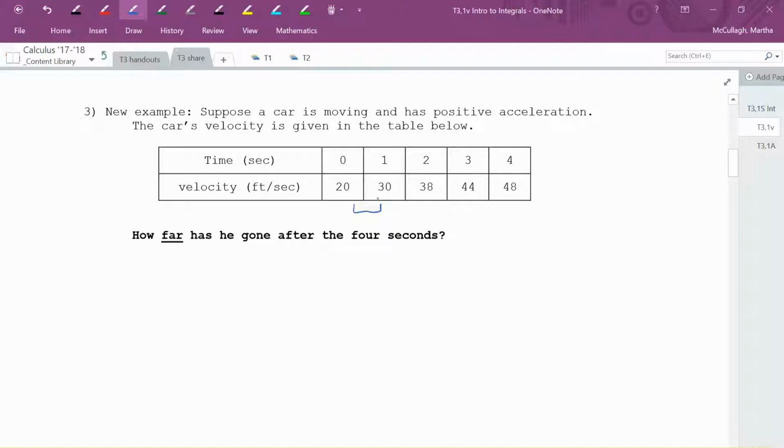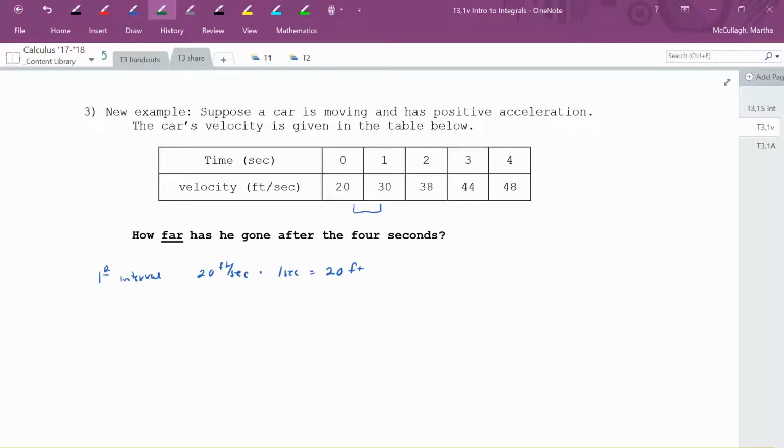So if we just look at that first 1 second interval, this car might have gone 20 feet per second for 1 second, which would be 20 feet.